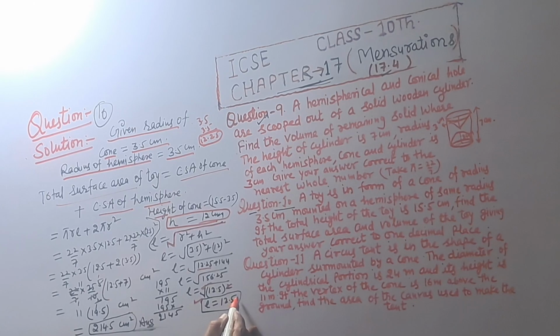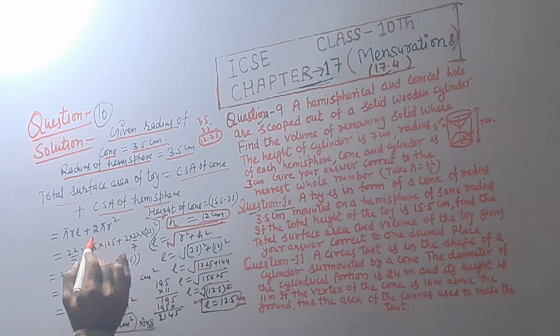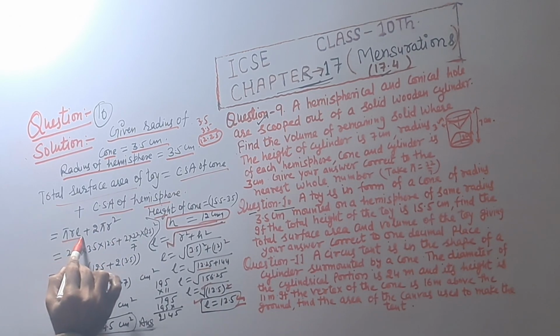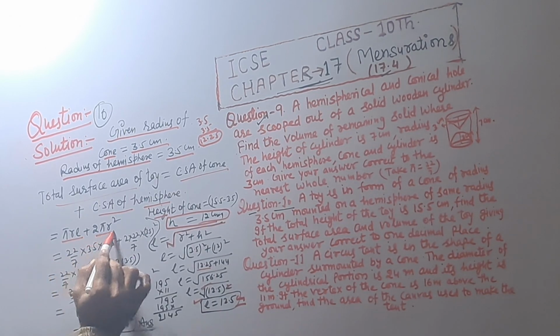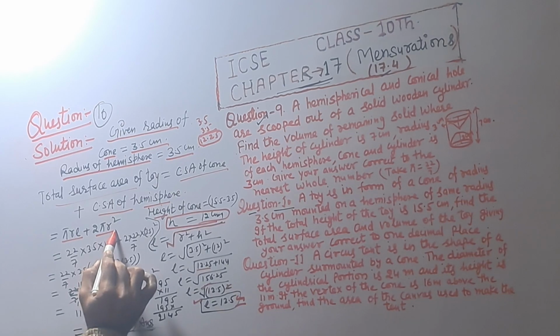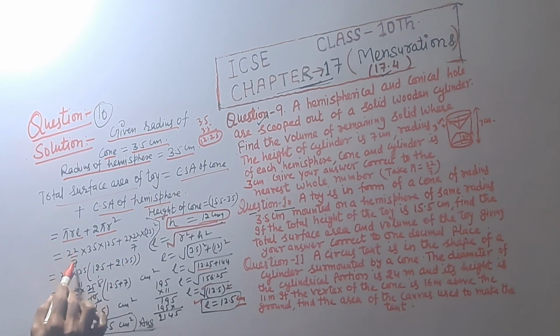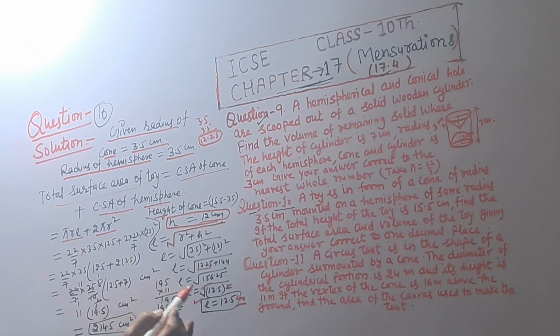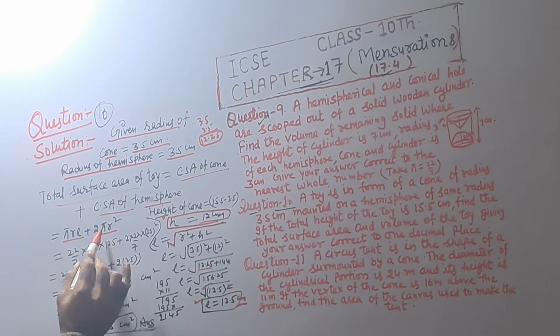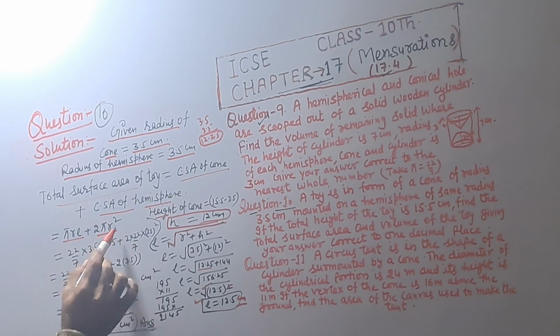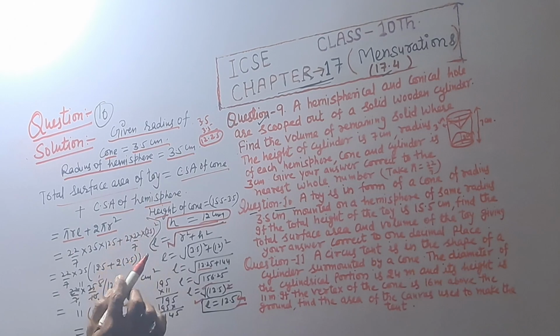is 12.5 centimeter, and curved surface area of cone is pi r L, and curved surface area of hemisphere is 2 pi r square. Pi is 22/7, radius is 3.5, slant height 12.5.